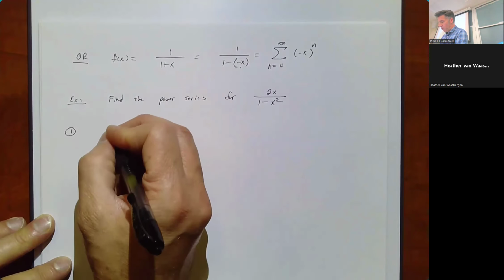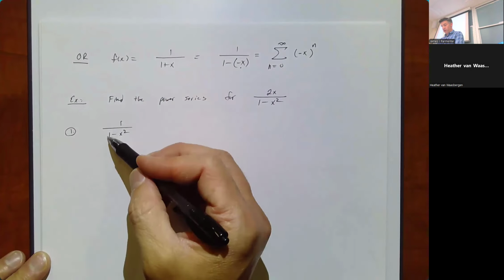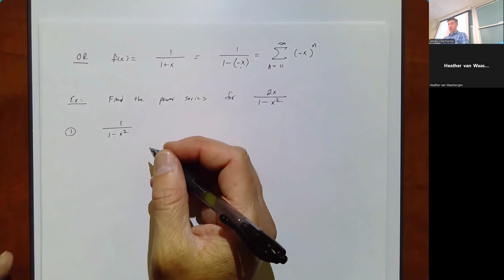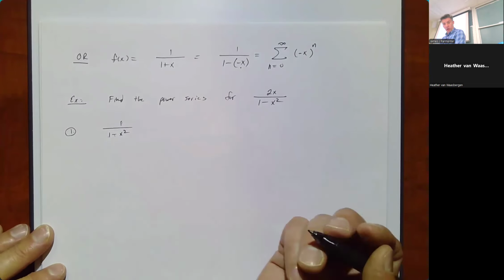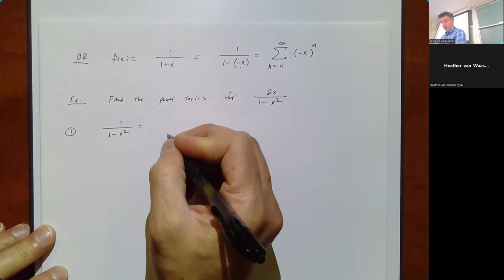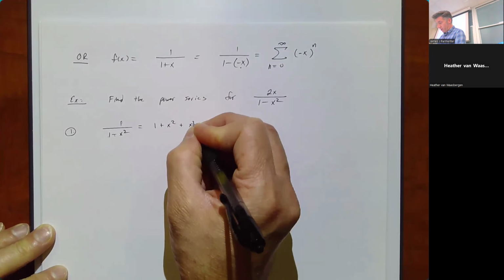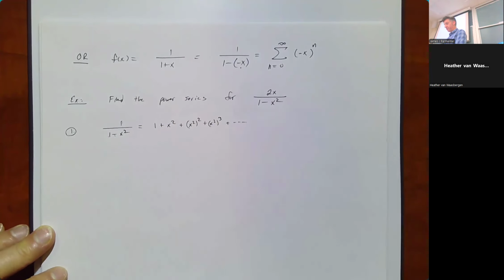So first of all, I'm going to look at 1 over 1 minus x squared. And I think of that as just 1 over 1 minus a thing. And 1 over 1 minus a thing is essentially the geometric series formula. It's your first term over 1 minus your ratio. And so we can think of this literally as 1 plus x squared plus x squared squared plus x squared cubed, and so on and so on.